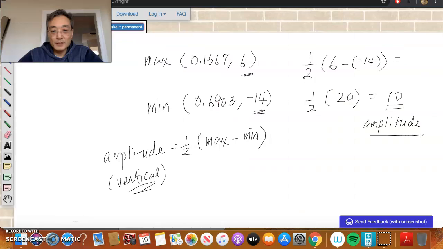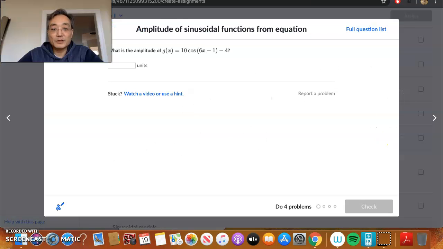So instead of going through all this work of finding the distance between the y values of the max and the min, and then taking half of that, you could just read off that number, take the absolute value of the number in front of either the sine or the cosine, and that is your amplitude. Very simple.